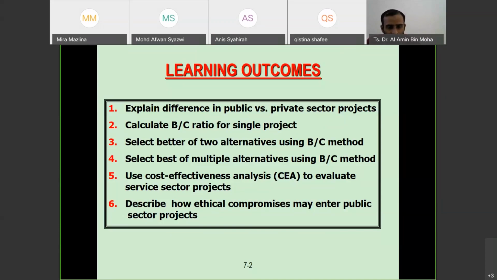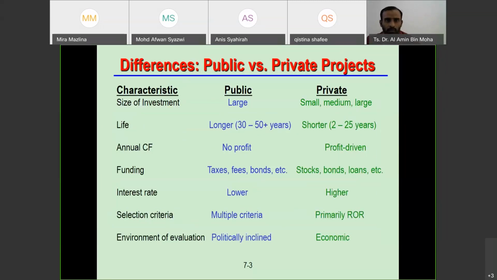And the last one is to use the cost effectiveness analysis, CEA, to evaluate the service sector projects. And the 6th, we are going to conclude the session with ethical compromises about the public sector projects. So we're going to start with the difference between public and also private.